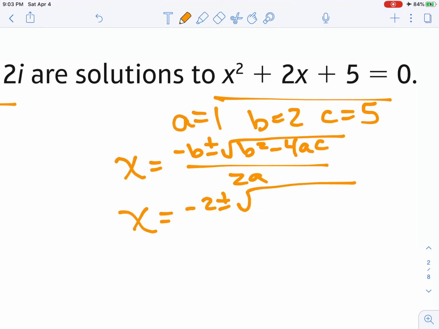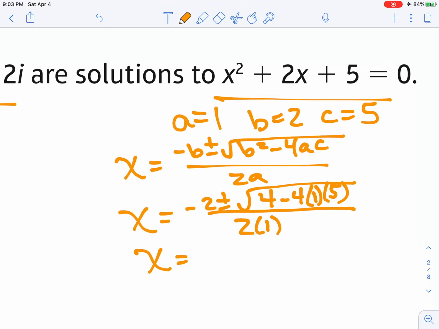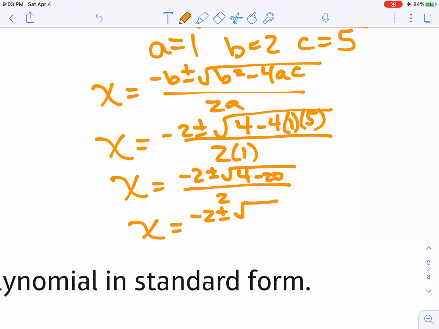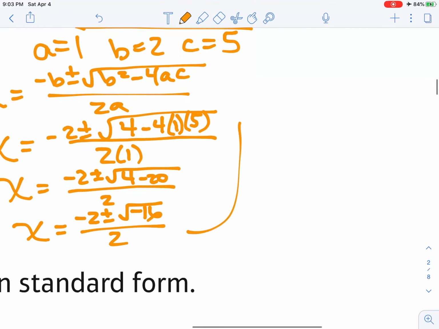So let's plug it in. Negative 2 plus or minus the square root of 4 minus 4 times 1 times 5, all over 2 times 1. So I have negative 2 plus or minus the square root of 4 minus 20 over 2. So I get x equals negative 2 plus or minus the square root of negative 16 over 2.